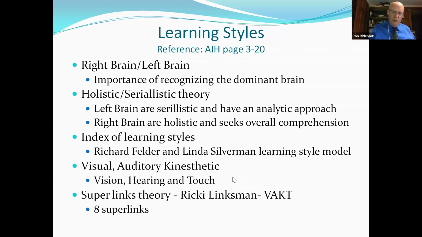And the super links is that if you can figure out where your learner is a left brain learner or a right brain learner, that each of these visual, auditory, kinetic, and tactile, they might be a right brain learner when it comes to visual and auditory, but they might be a left brain learner when it comes to kinetic and tactile learning.